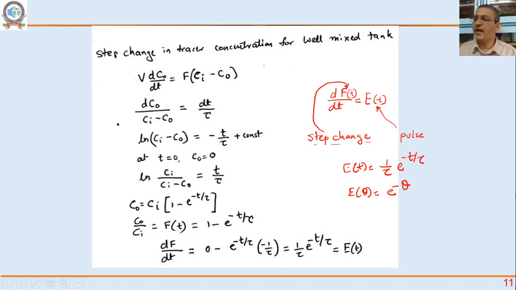So if there is an industrial reactor, and we do a step change or a pulse input of tracer and we find that the reactor behaves like this, then we can say that our real life reactor behaves like a well mixed reactor. So that's why we studied how a well mixed reactor behaves first, so that when we do an experiment on an actual reactor, we will know whether the actual reactor behaves like a well mixed reactor or not.